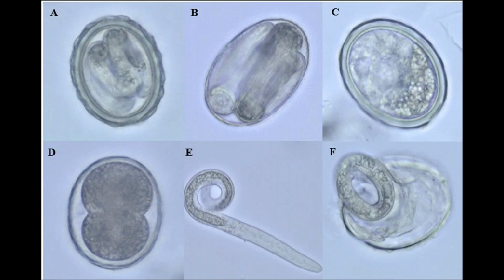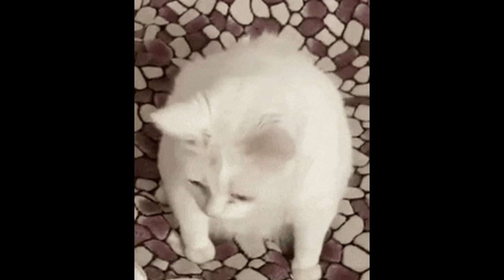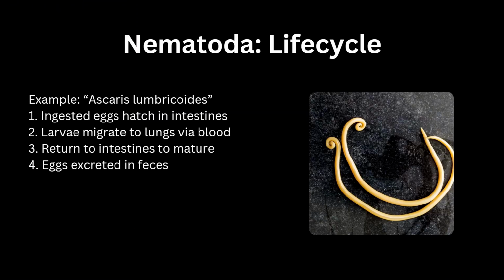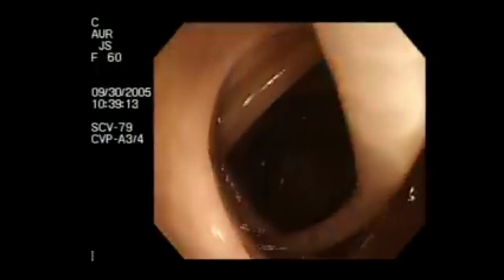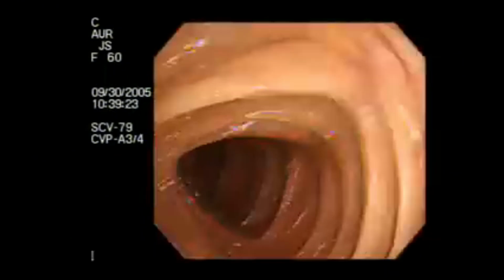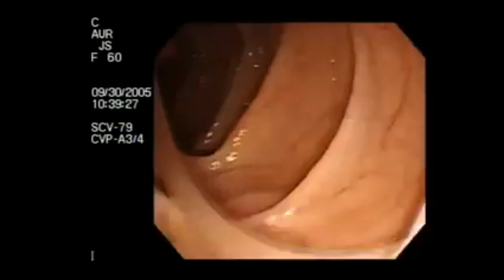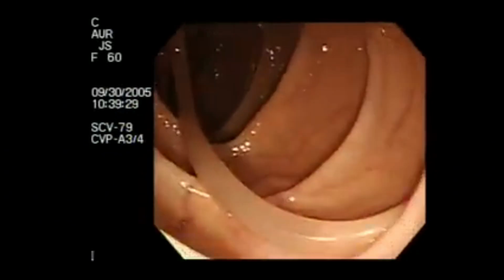The larvae then migrate to the lungs via the bloodstream, mature further, and are coughed up and swallowed, returning to the intestines where they develop into adult worms and reproduce. The eggs are then excreted in feces, completing the cycle. This complex migration within the human body makes Ascaris a significant parasite in medical studies.